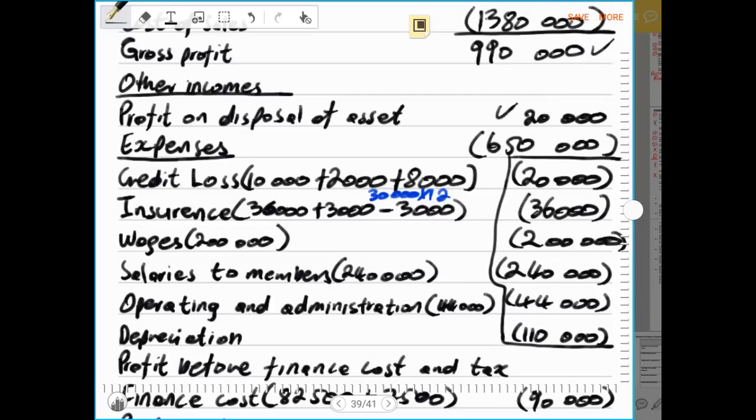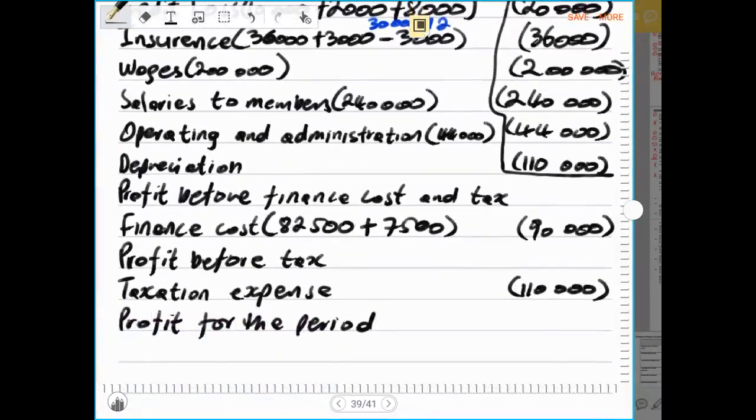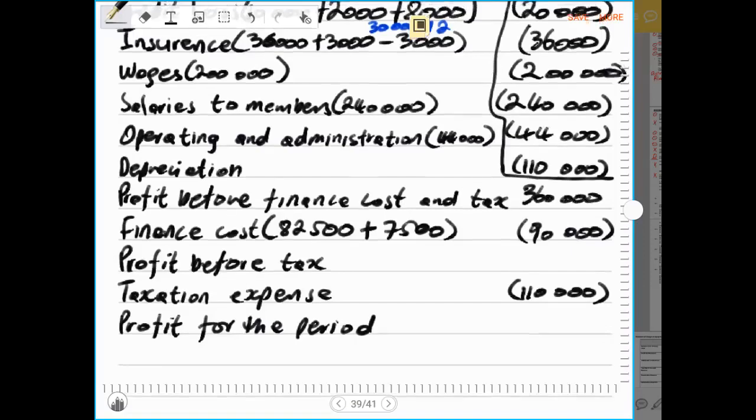Therefore, now we have to say gross profit plus profit on the disposal of an asset minus expenses. Then we get to the profit before finance cost and tax, which will be 360,000 rands.